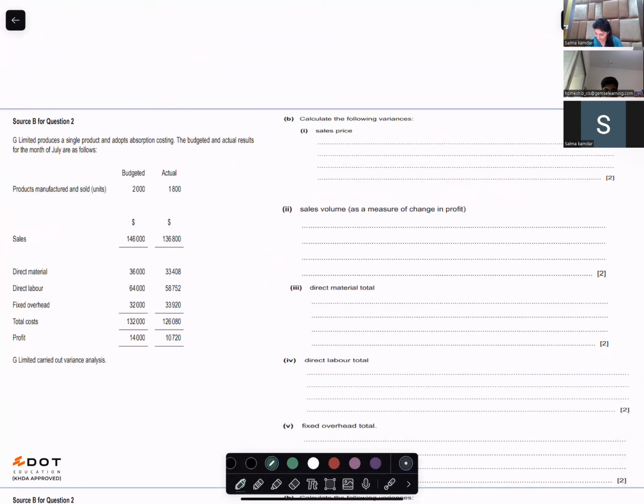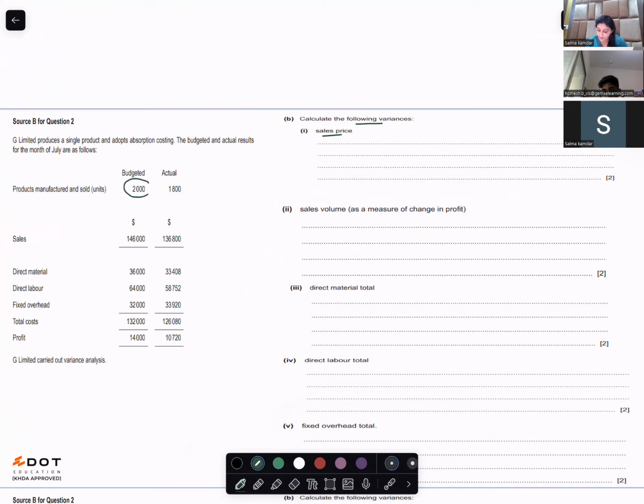Okay, the next part. Read. Sales volume as a measure of changing profit. Okay, you have to calculate variances. So the first variance is, calculate the following variance, the sales price variance. How do you get the sales price variance? You multiply the actual quantity with the standard price.